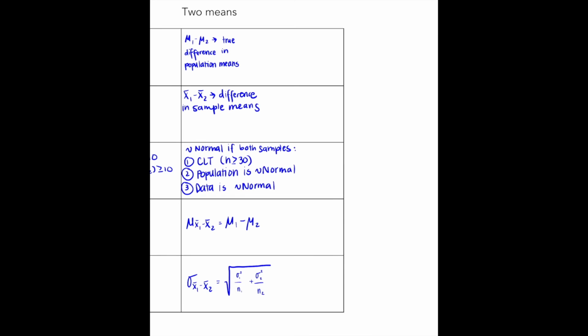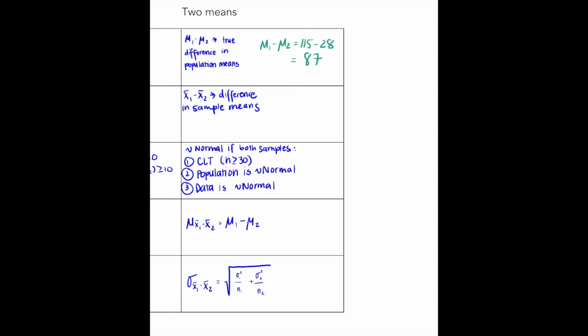Describe the sampling distribution of x bar sub 1 minus x bar sub 2. So mu sub 1 minus mu sub 2 is the true difference in population mean. So in our scenario, we have 2 population means, which are 115 and 28. So I'm going to take those and subtract them from each other.